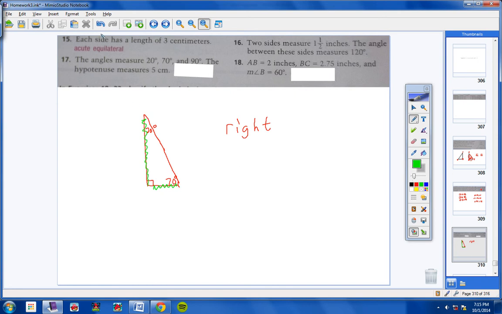And we should know this from middle school. I mean, the longest side in every right triangle is always the hypotenuse. There's no side as long as the hypotenuse. So all three of these sides are different lengths. So we would call this a right scalene triangle. Okay? All right.